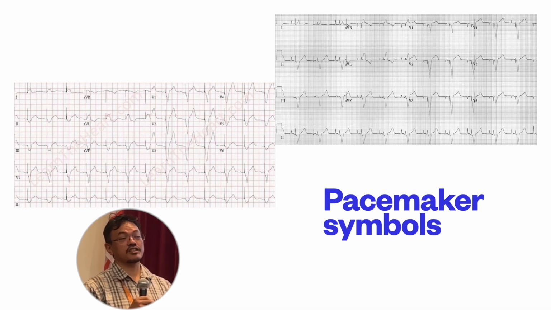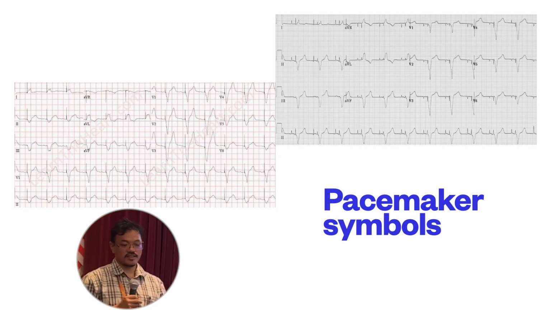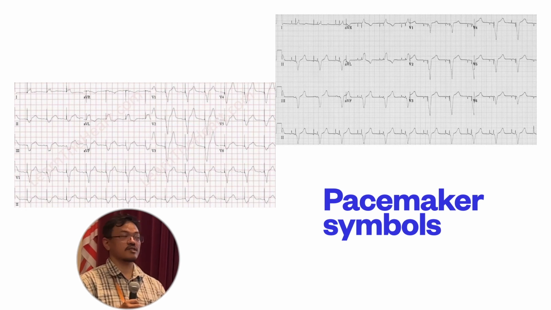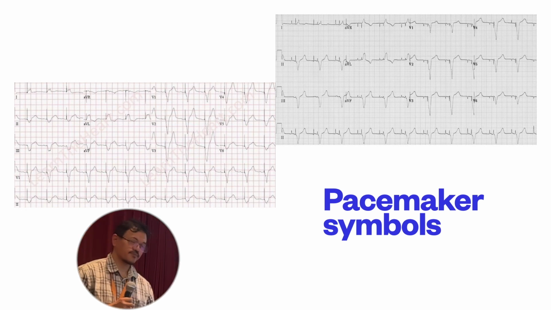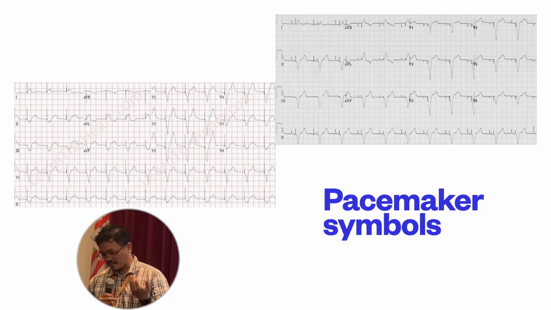The definition actually varies, and people do not agree on the ratio. But usually when you look at the interrogation report, the company will provide you with the percentage of pacemaker dependence. Anything more than 50% is generally dependent, because you know that every other beat the patient depends on the pacemaker. So let's go back to the basics of pacemakers.